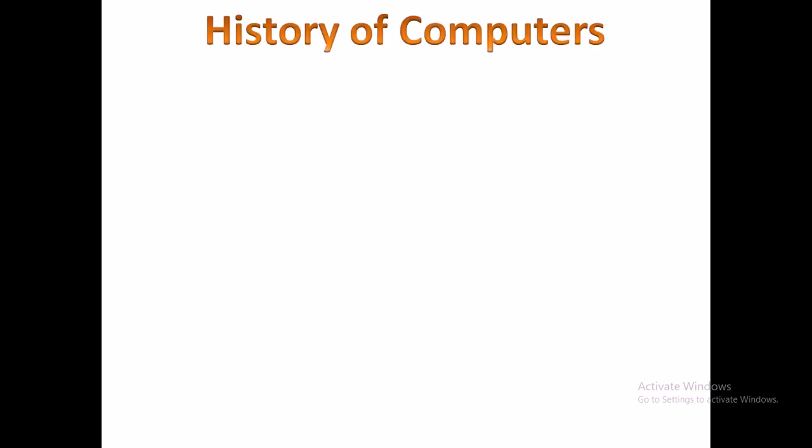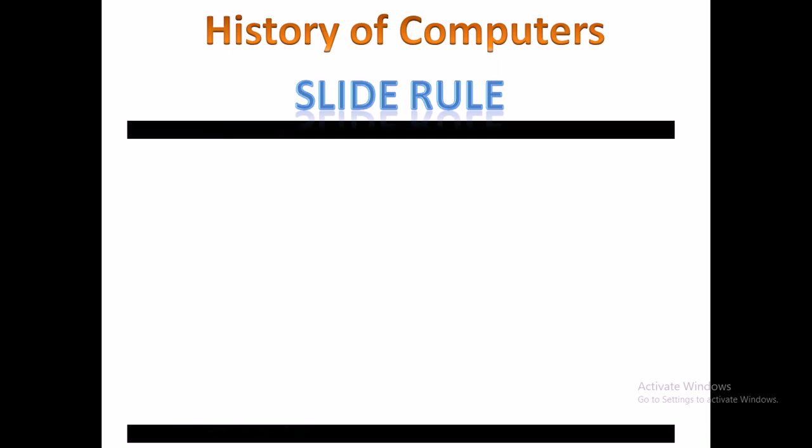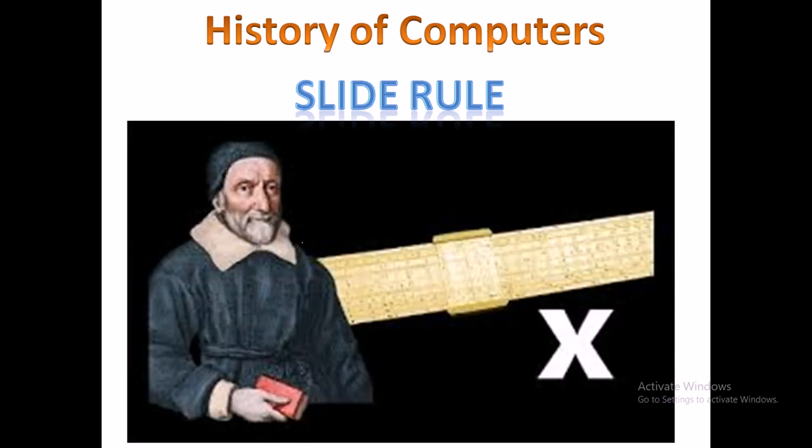The Napier's bones were made from the bones of animals. In the same era, inspired by Napier's bones, an English mathematician called William Oughtred invented a device in the year 1620.